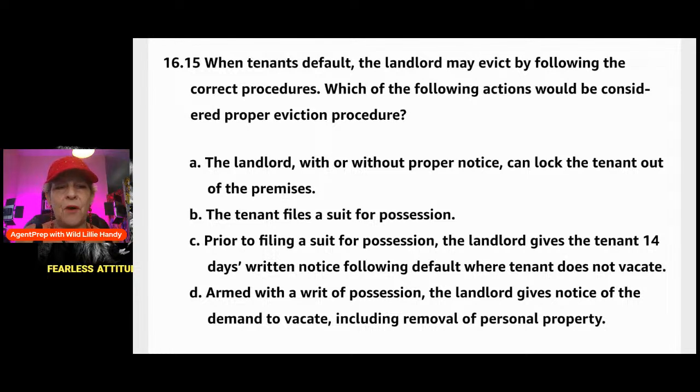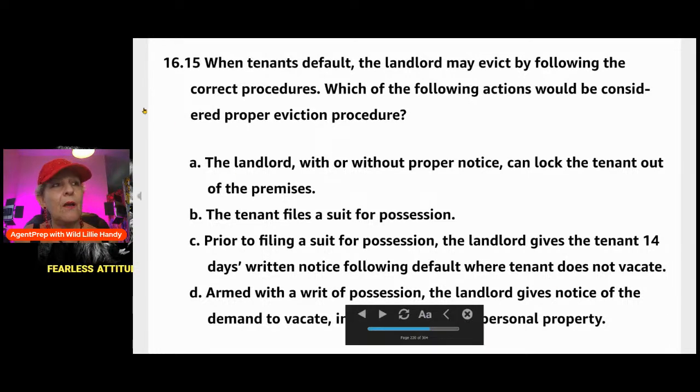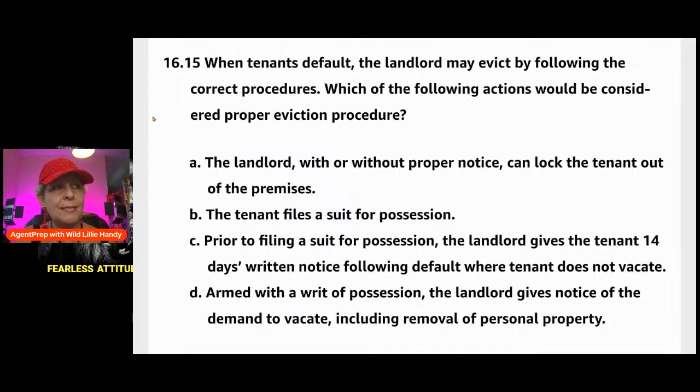All right, number 15. When tenants default, the landlord may evict by following the correct procedures. Which of the following actions would be considered proper eviction procedure by the landlord-tenant laws in the state? A, the landlord, with or without proper notice, can lock the tenant out of the premises. B, the tenant files a suit for possession.